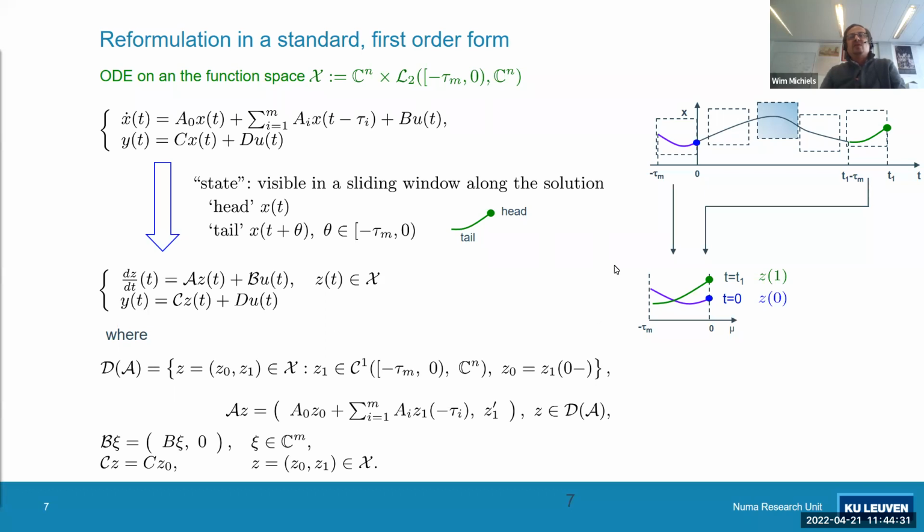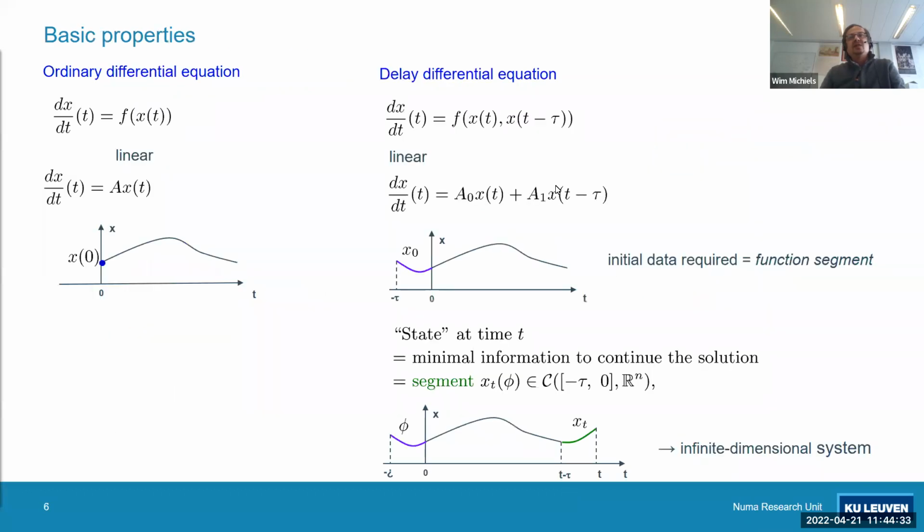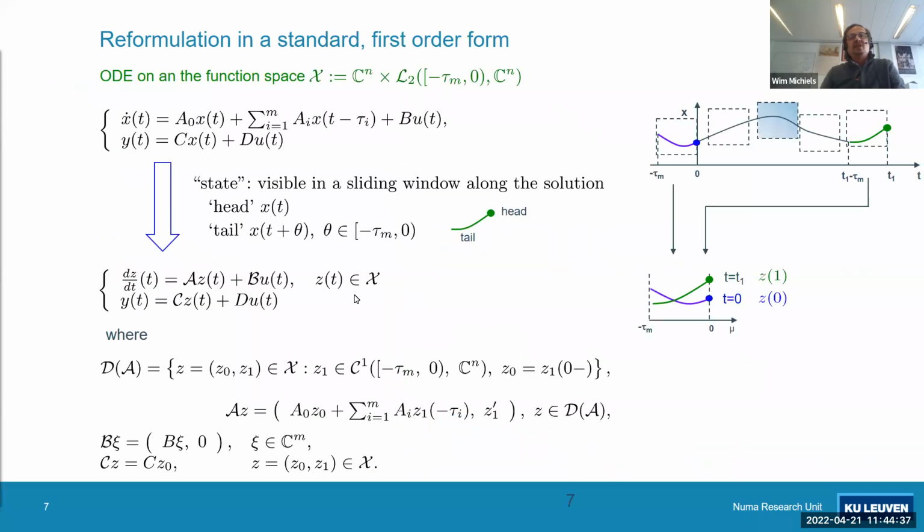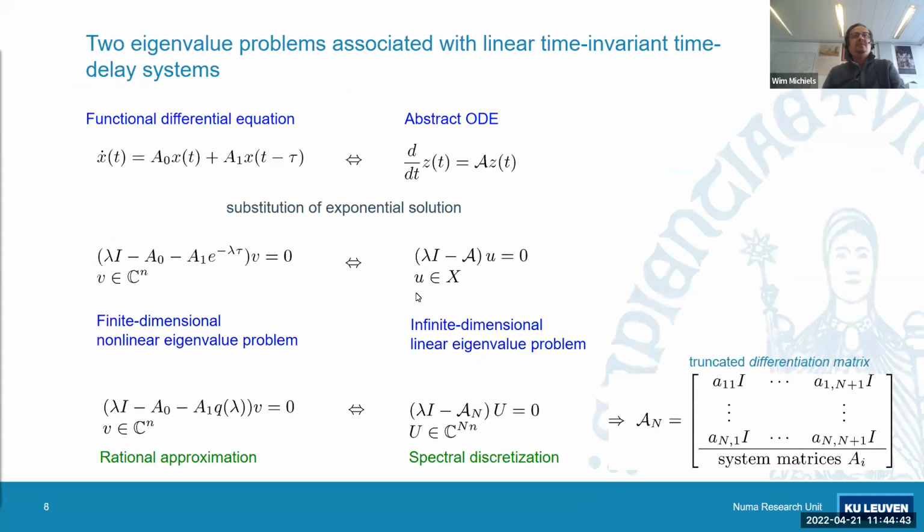So, we can reformulate a delay equation as a standard ODE on an infinite dimensional function space, where the operator, calligraphic A, is a derivative operator. And this type of duality, these two formulations, have played a major role in all the developments that have been done in the group and also by other people.